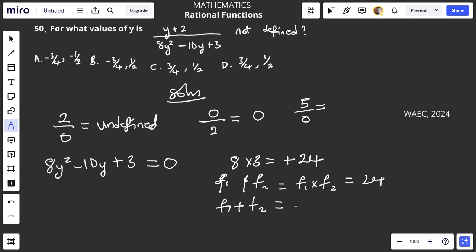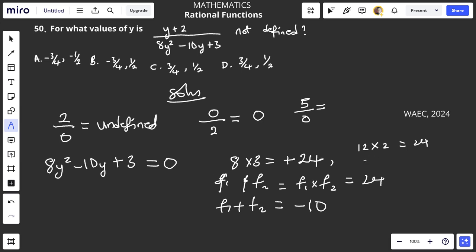In this case, it is minus 10. So we are looking for two factors that multiply to give 24 and add to give minus 10. You have to start splitting 24 into factors. The first one I can recall is 12 times 2, which gives us 24, but 12 plus 2 gives 14.